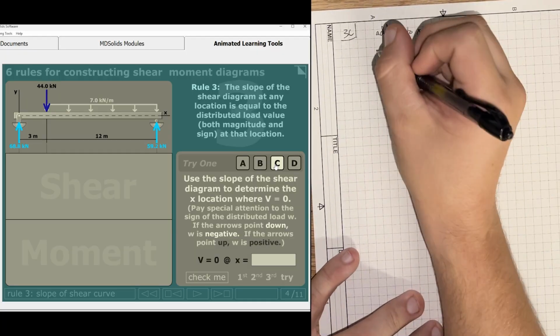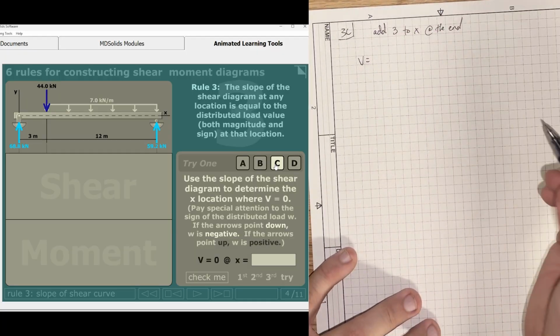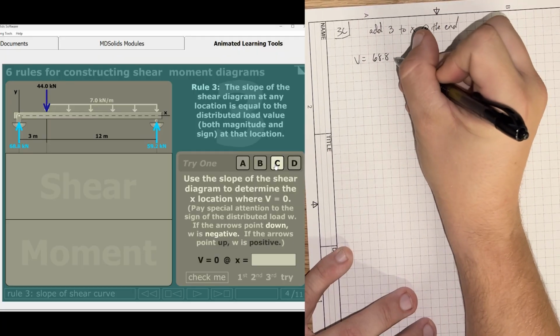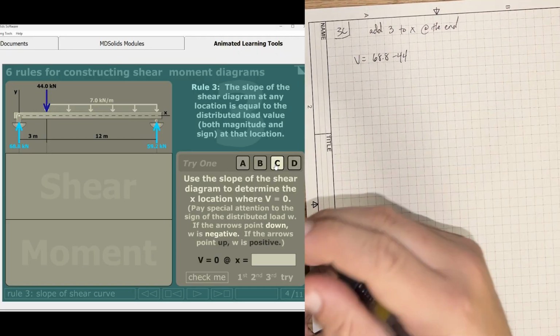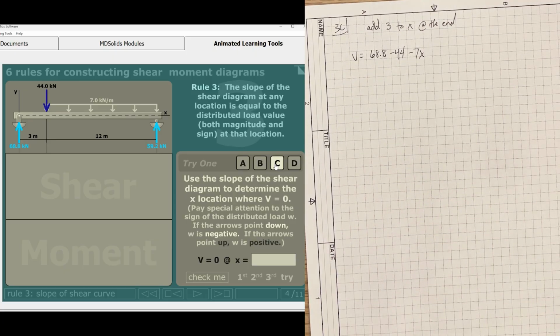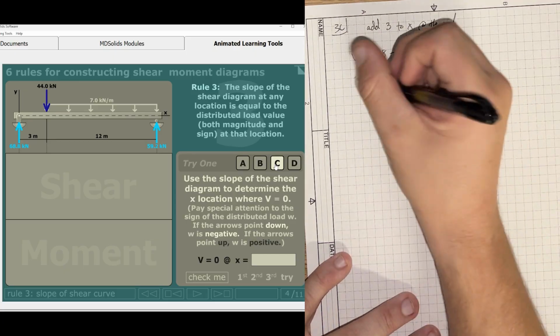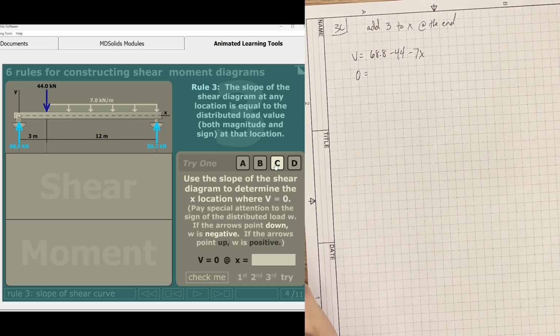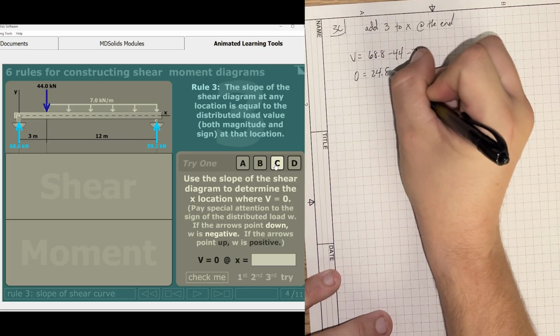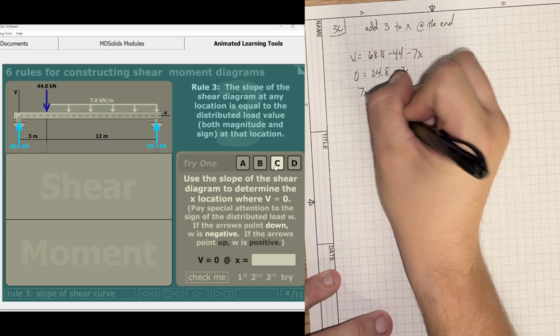Now V is equal to a positive 68.8 minus 44, and then minus 7x. If V is equal to 0, we've got 68.8 minus 44, which gives us 24.8, minus 7x. Solve for x here.